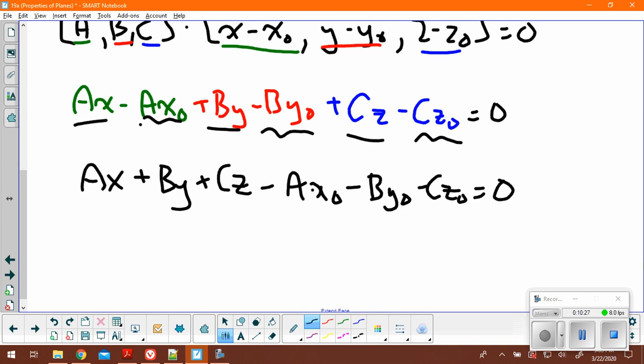Now for the final little trick. This chunk right here, these are all things I was supposed to know. I knew my normal vector, A, B, C. This was the point on the plane that I knew, not the general point, so I know what those coordinates are. So this is just going to be a number when I work it all out.